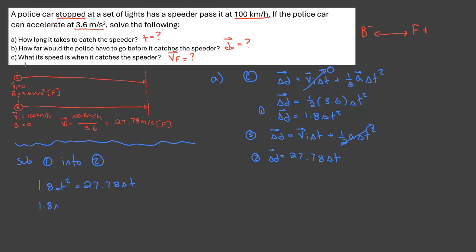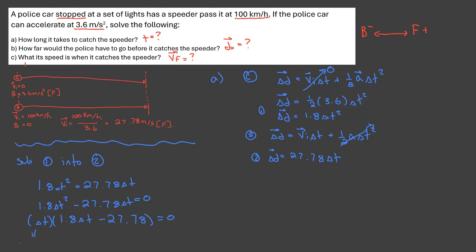So I'll have 1.8 delta t squared minus, moved it over so it'll become minus 27.78 delta t equals 0. And now what I can do is factor out a t. So I'll have delta t times 1.8 delta t minus 27.78 equals 0.